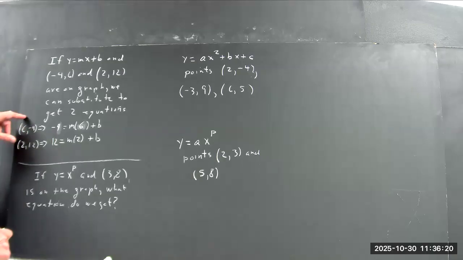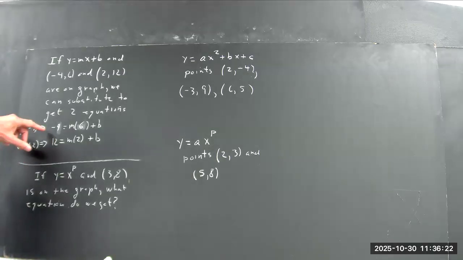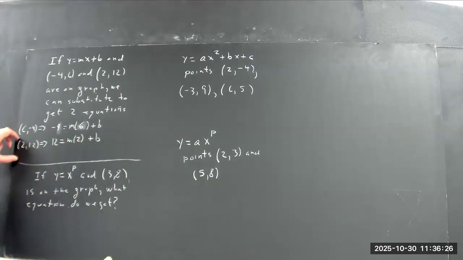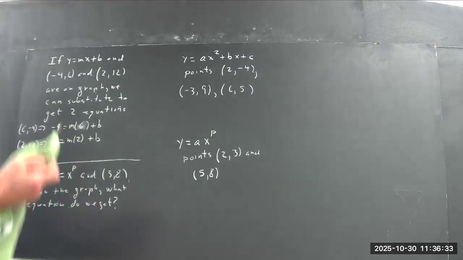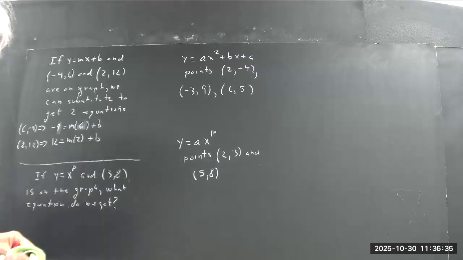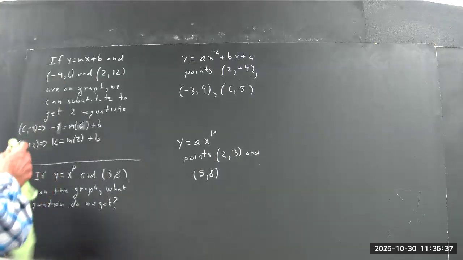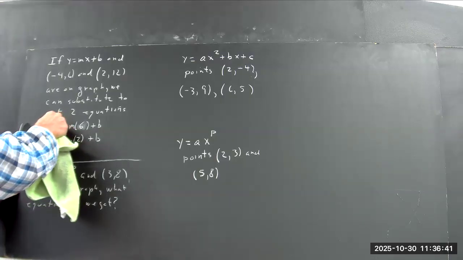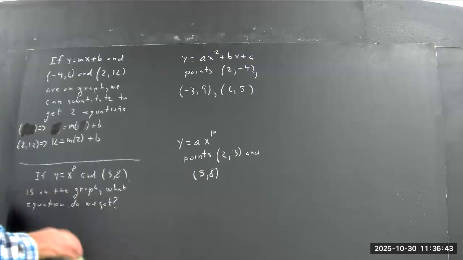Now I wrote the point and I wrote an arrow to the equation just so I can match up the point with the equation. Oh, you know what? I see you don't have exactly what I have because I did something wrong there. Okay, this point was negative 4, 6. So the way I wrote it down first was correct. I was just careless when I wrote the point down.